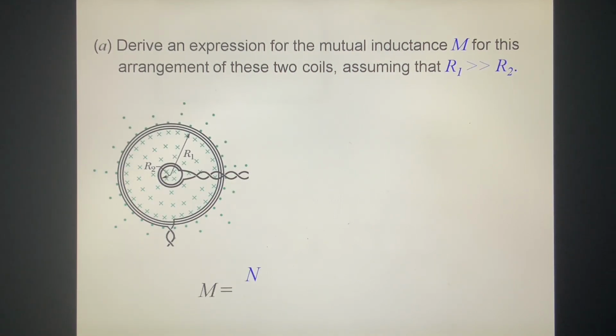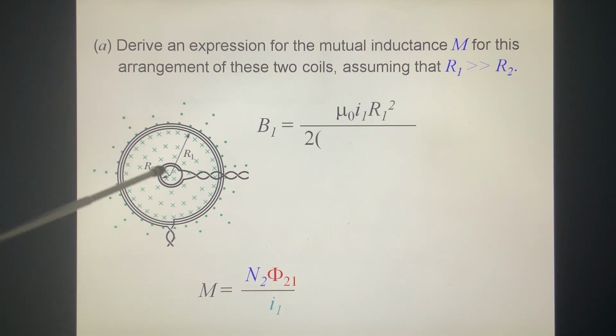Now we know the definition is N2 phi21 over I1. That's the definition. Now we find the flux, then we can relate it to I1. See the B1 inside.